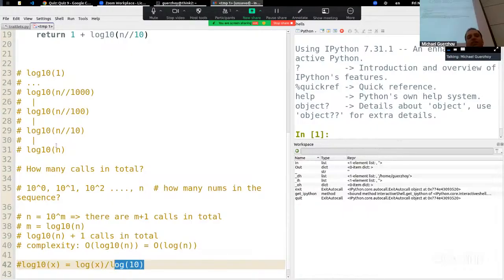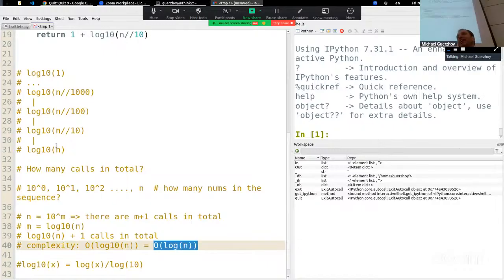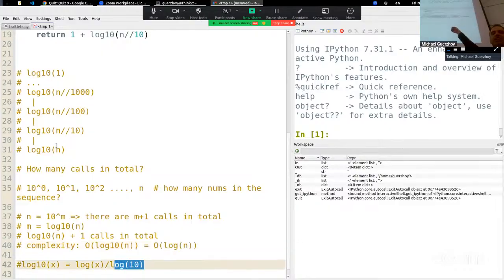Log of 10 is a constant. You don't even care whether it's log base e or log base 10 or whatever. It's going to work for whatever log there is. So ordinarily, we just write O of log n. They're all proportional, with the constant of proportionality, in this case, being 1 over log 10.